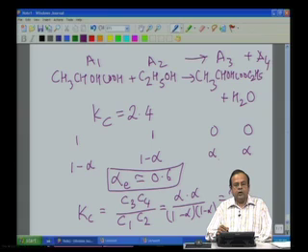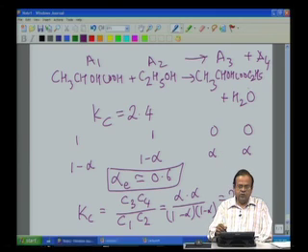Now that raises a question: should we just stop here, or are there any ways we can overcome this limitation? Indeed, there are ways, and you can think in the following manner. For example, while this reaction is going on, suppose I remove this ethyl lactate by some means, let us say distillation.